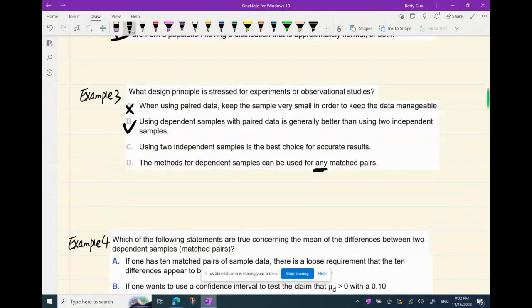Is there any example where we cannot use this method? This method is taking differences, all right? If the difference of two matched pairs doesn't make any sense, then the method doesn't work. For example, grades. We have a group of students with grades A, B, C, D, and after taking a program, their grades change, right?